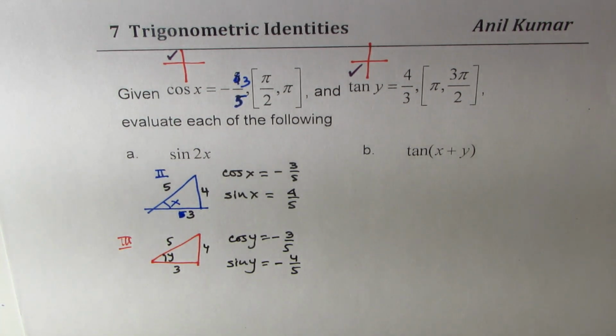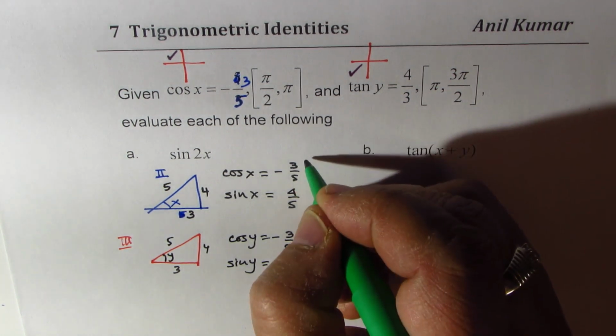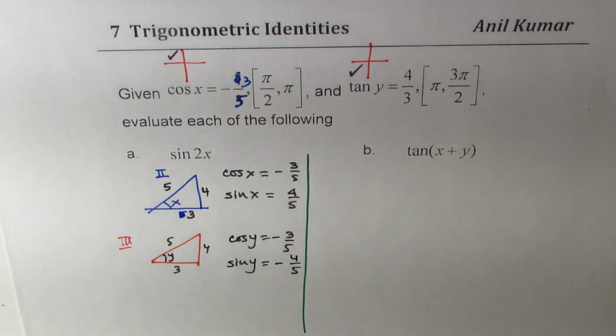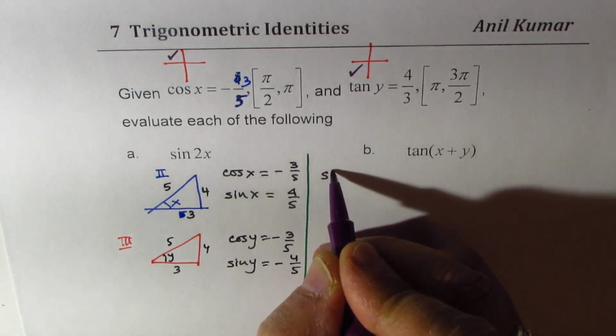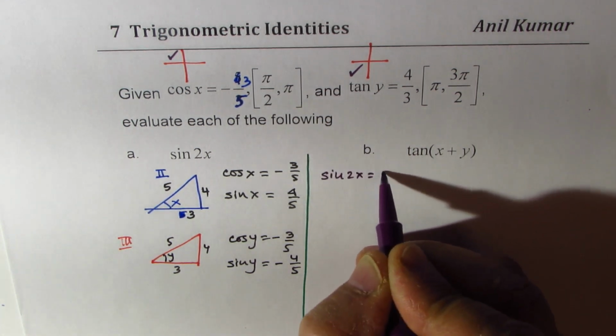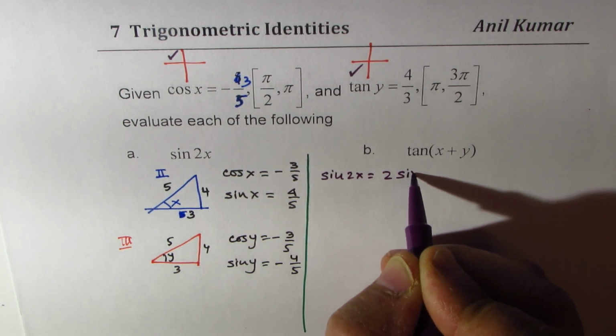And now it is simpler to find sine 2x and tan of x plus y. Correct? Okay. So let's figure it out. The first one here is, let's say sine 2x. Sine 2x equals 2 sine x cos x.